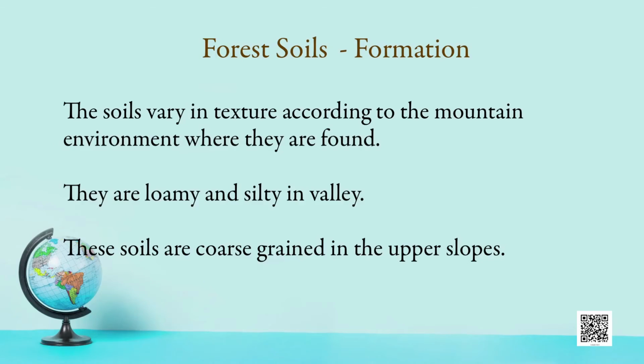The next soil we'll be discussing are the forest soils. The forest soils vary in texture according to the mountain environment where they are found. They are loamy and silty in valleys. These soils are coarse-grained in the upper slopes. What are the characteristic features of the forest soil?